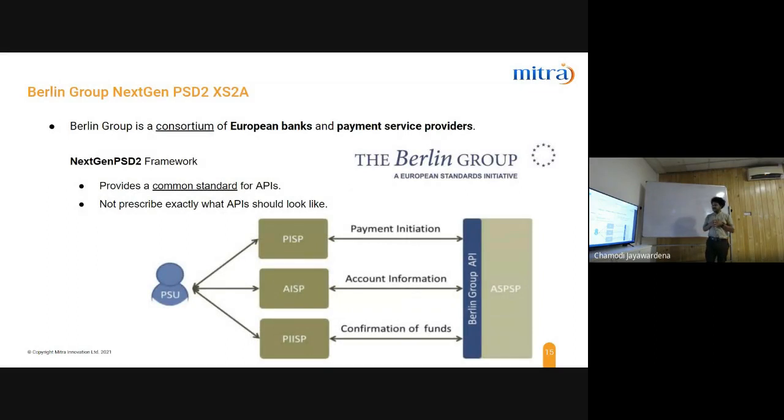So we'll take only one. That's the first one, the Berlin Group next gen PSD2 specification. The Berlin Group is the consortium that governs European banks and payment service providers. So in the European Union region, they have the regulations. Specifically, they don't mention what the API request and response messages should contain.